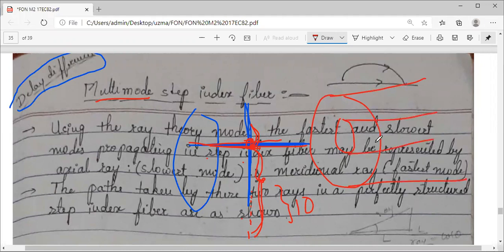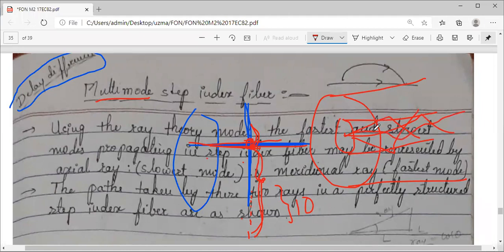Try to recall. We have even studied there refractive index profiles, constant profile, then parabolic profile. We have already seen that a ray will pass maybe in this path or maybe some other path. In many paths a ray will pass. So these are different modes.